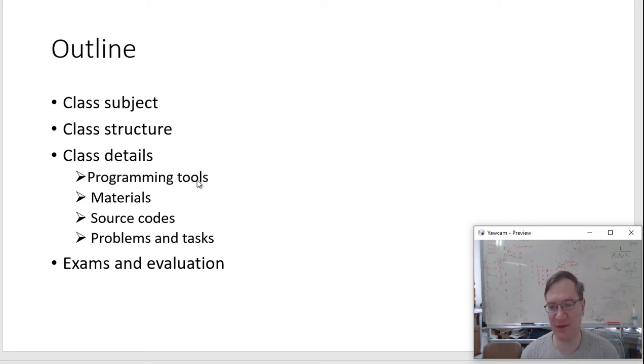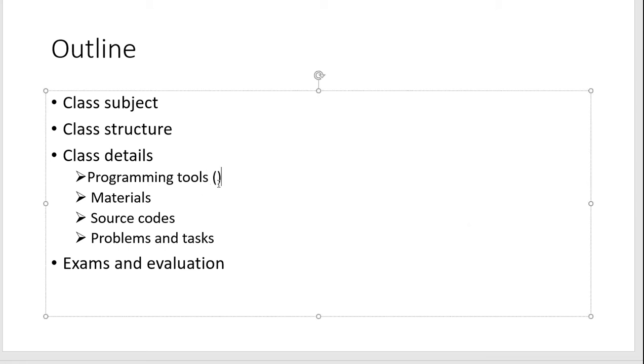Okay, so the class details. As long as this particular class is 100% practical, the first thing we will need to do is define the programming tools for our class. Actually, we don't have any option. If we are talking about iOS programming, the tool must be Xcode.